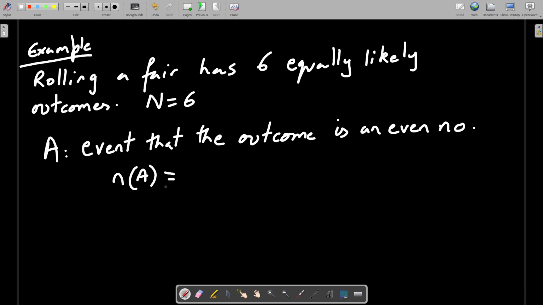How many even numbers are there in the set? The original set is 1, 2, 3, 4, 5, 6, and the evens are 2, 4 and 6, so small n is equal to 3. Hence the probability of A will be 3 divided by 6, that is equal to 1 by 2.